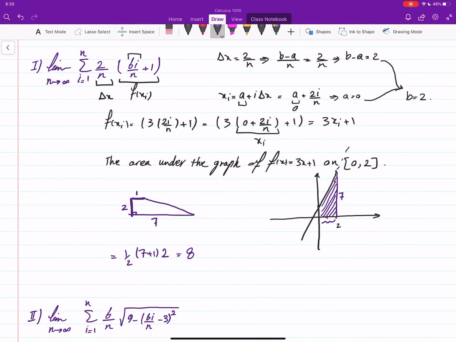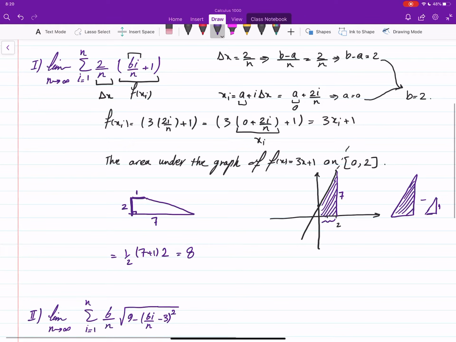Or what you could have done is that there is a big triangle here minus the small triangle there. And then this is 1, this is 7. Or how about this piece here? Well, set it equal to 0. This is negative 1 over 3. So this will be 2 plus 1 over 3, and here will be 1 over 3.